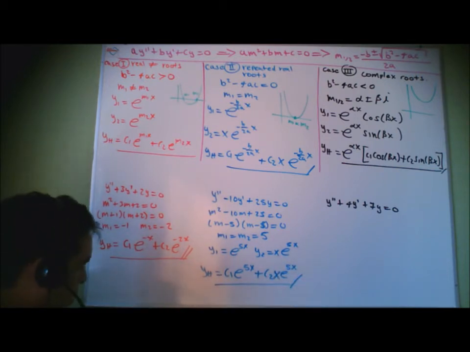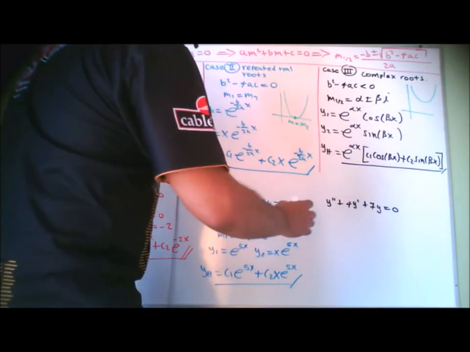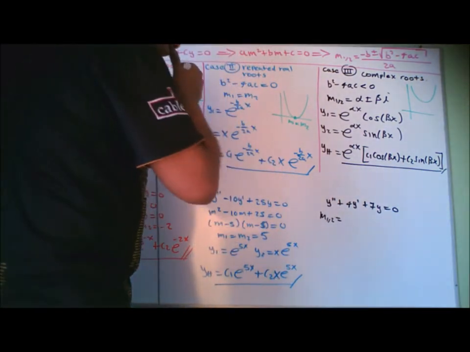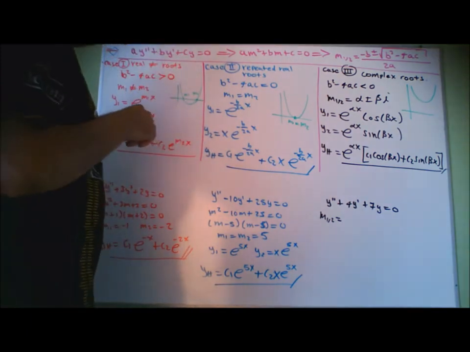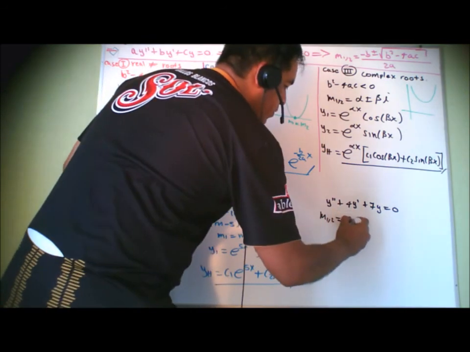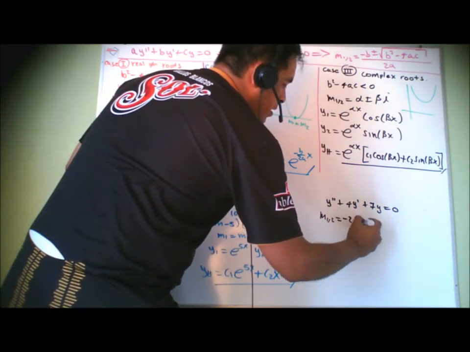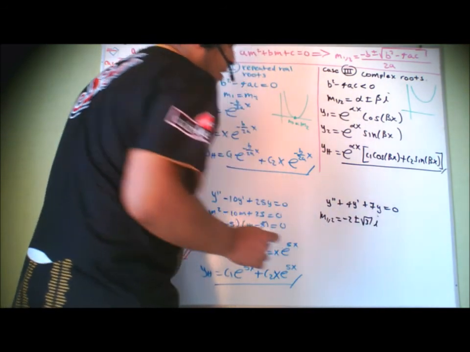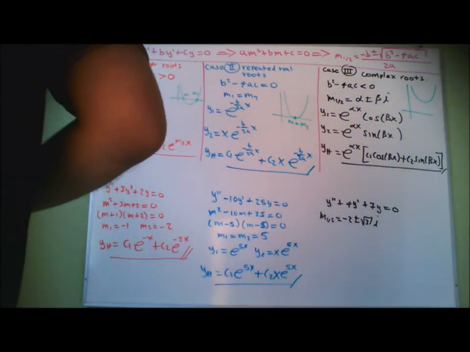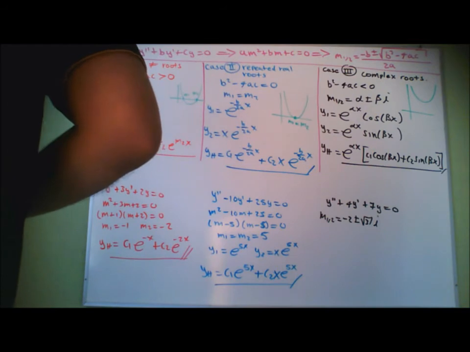Now on the imaginary roots, I think we have seen this, and the roots were, if I remember correctly, m1,2 equal to minus 2 plus minus the square root of 3 i. I think that was the roots of that. Just let me check. Yes.